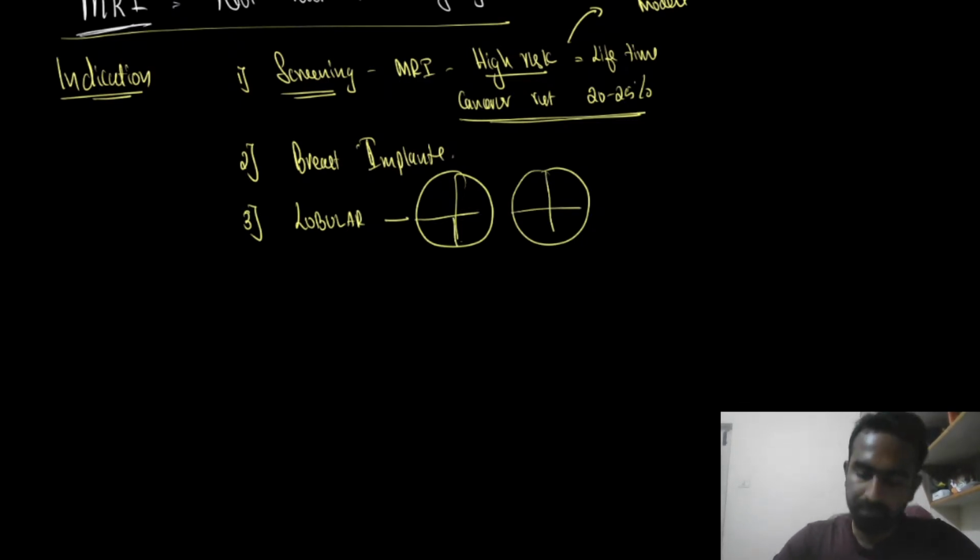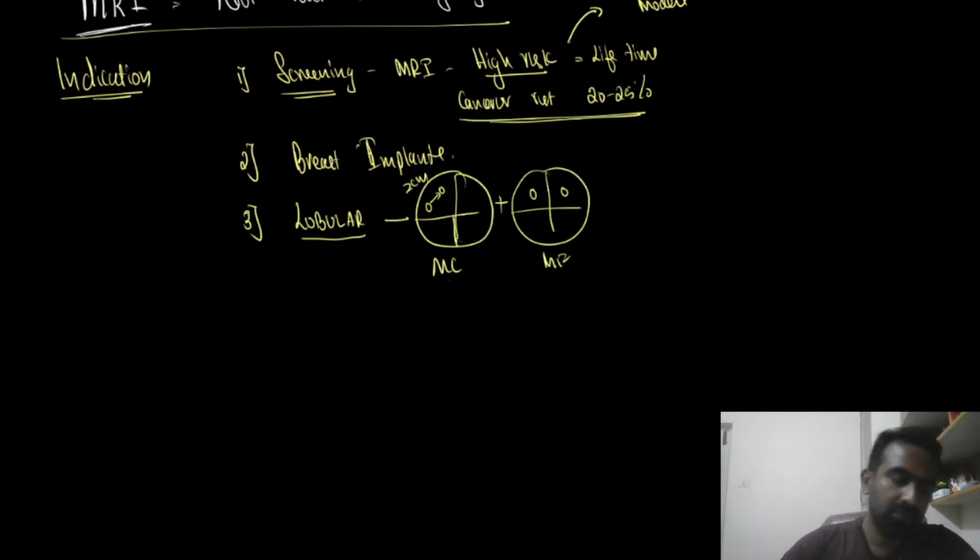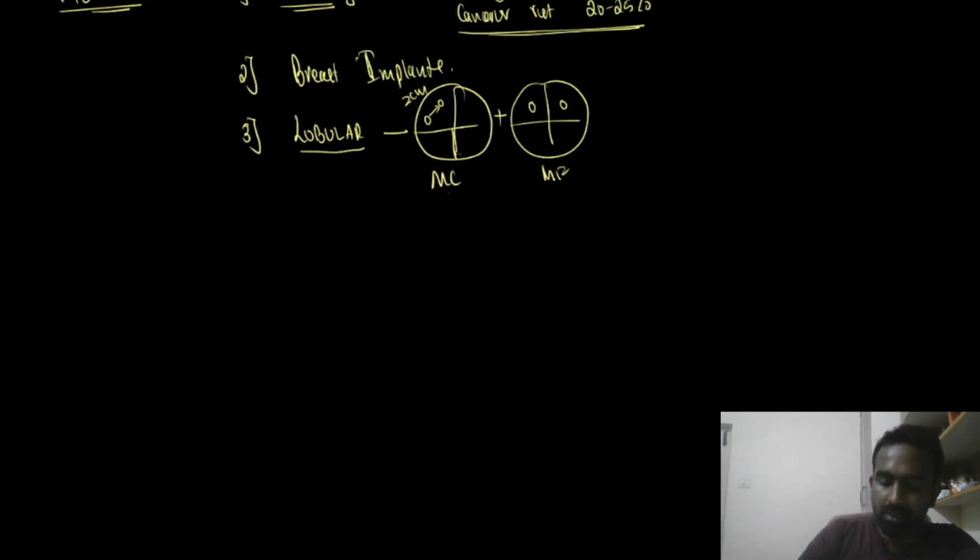Multicentricity is when there are multiple diseases in a single quadrant and the distance is more than 2 centimeter. Then it is called a multicentric tumor, which is more common in lobular cancer, and multifocality is in different quadrants. So to differentiate between multicentricity and multifocality in lobular cancer, MRI is used.